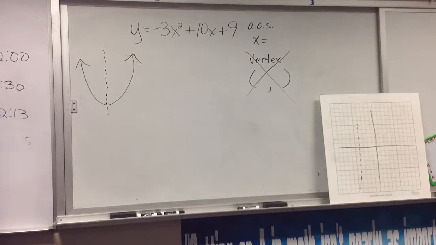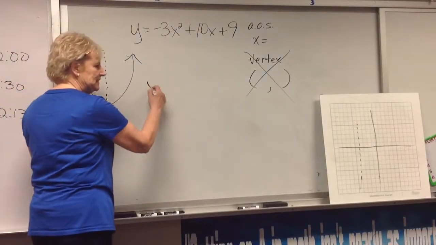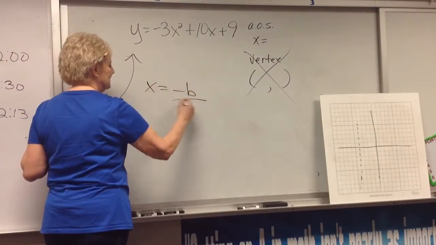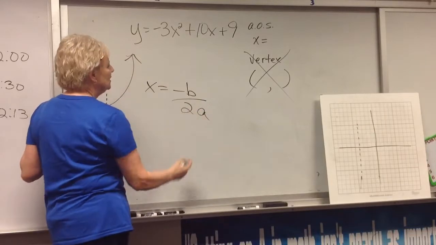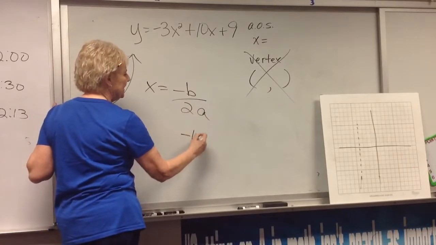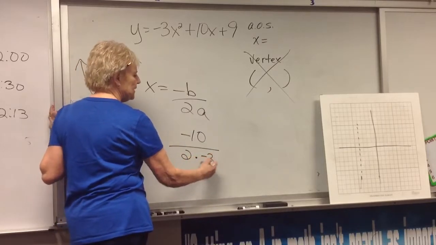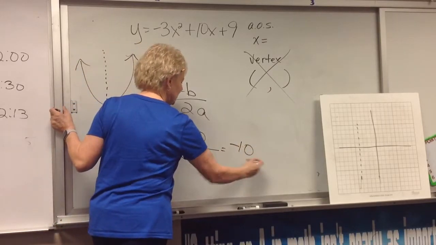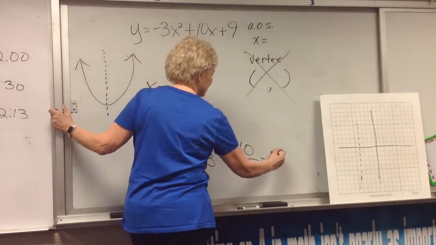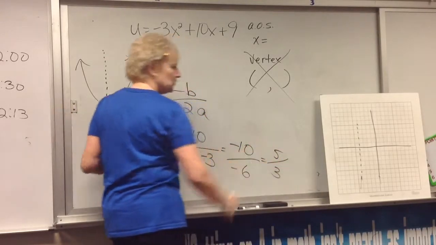Negative divided by negative makes it positive. So the opposite of b is negative 10 over 2 times negative 3, negative 10 over negative 6, 5/3. Oh, so I was right.